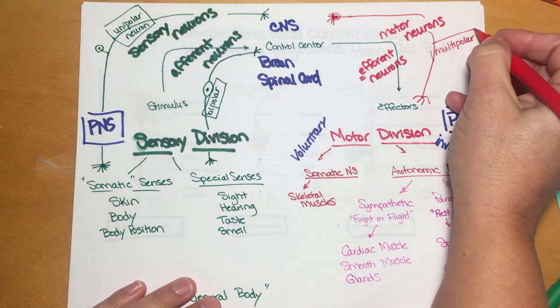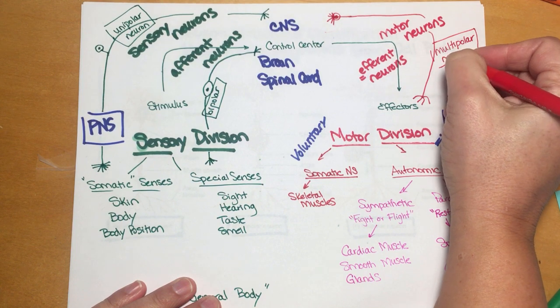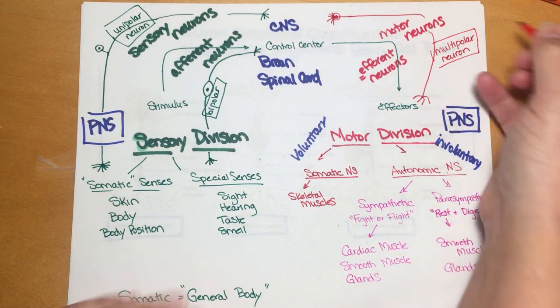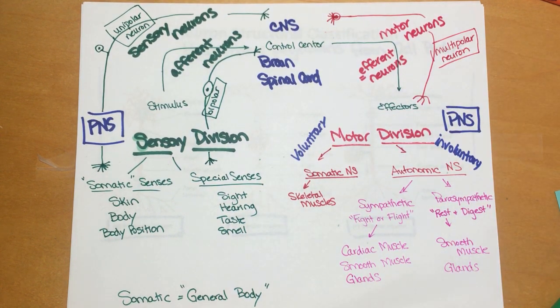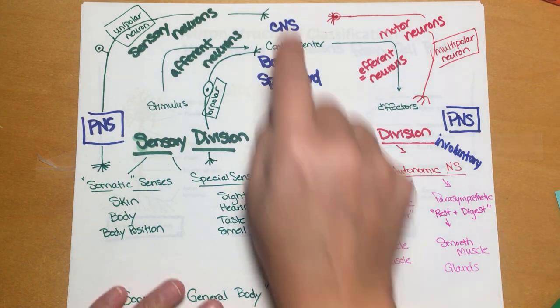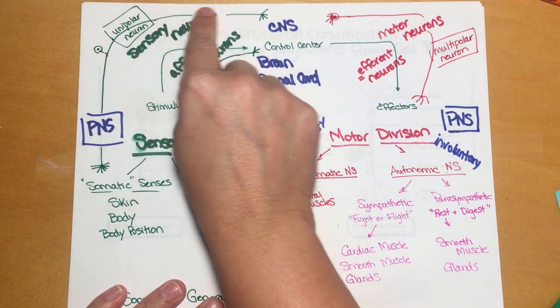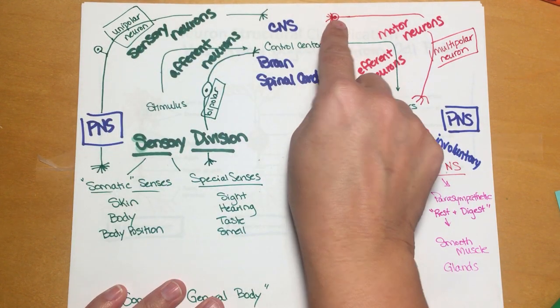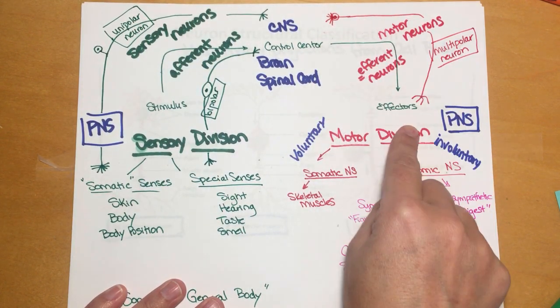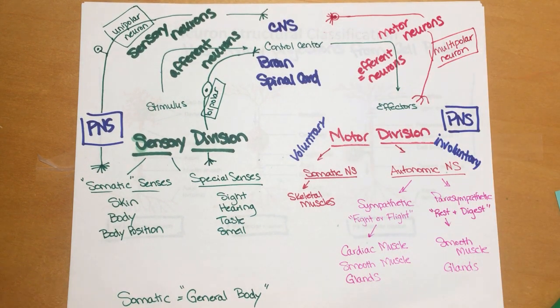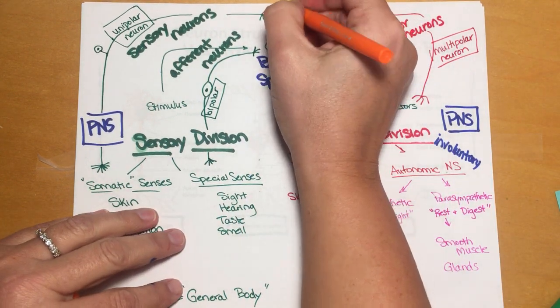Multipolar neuron is out here. Now you might notice there's a gap here. So what's going to take information from the sensory neurons and give it to the motor neurons? Well, it's a very special kind of neuron, and it's called an interneuron.